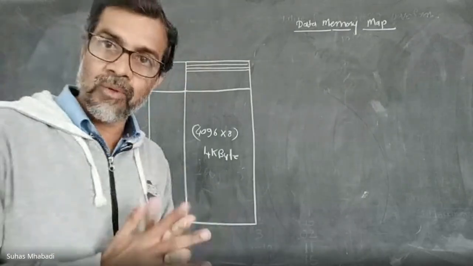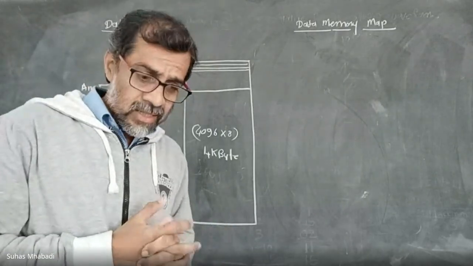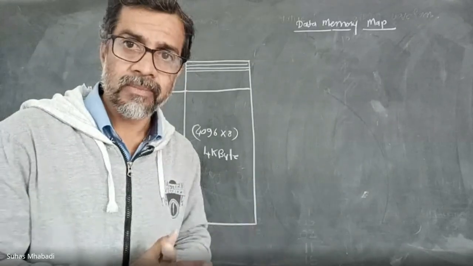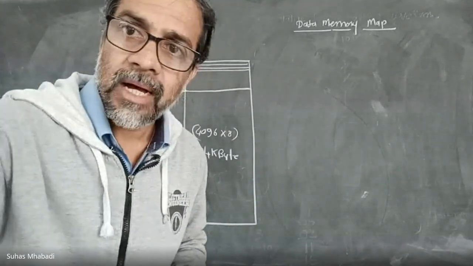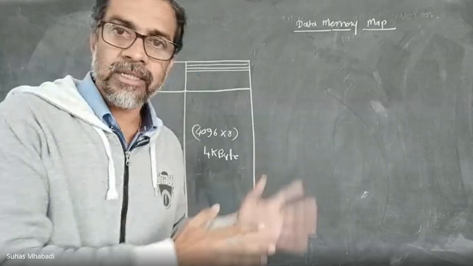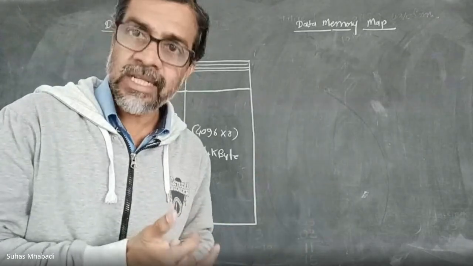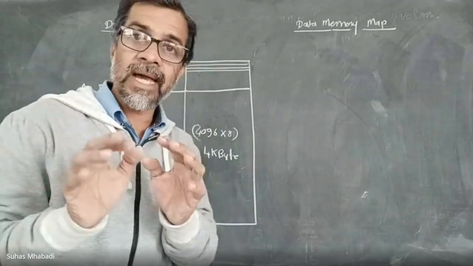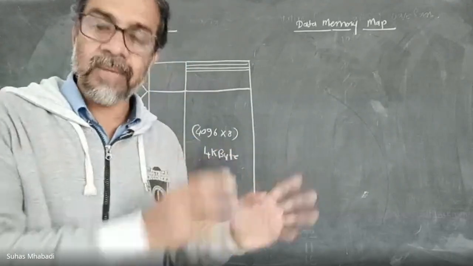Now we have to add some more points, because the structure or the segregation made in this data memory is so that the programmer can access it easily. When we write a program, we should be able to access the memory.